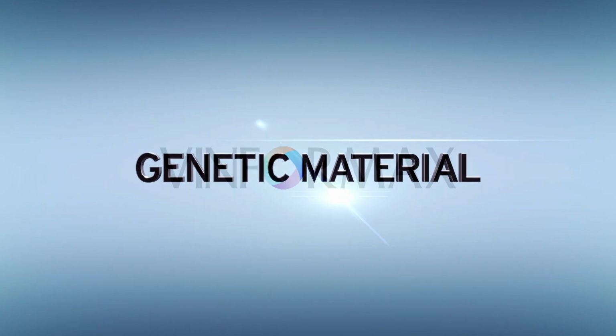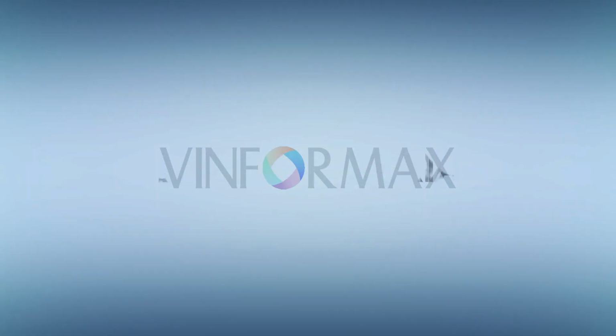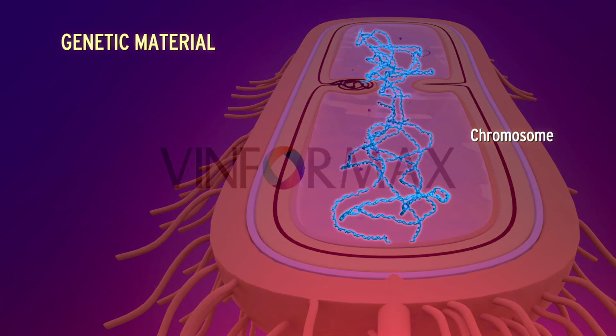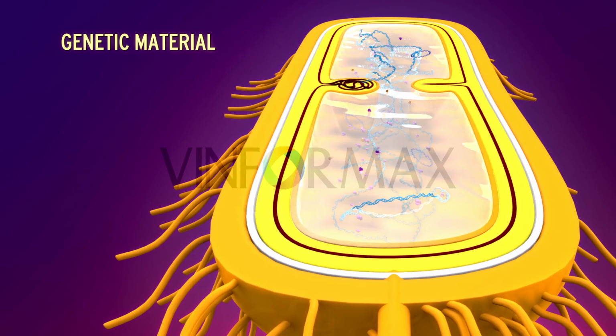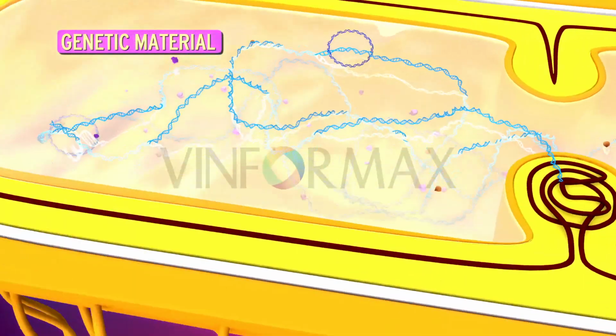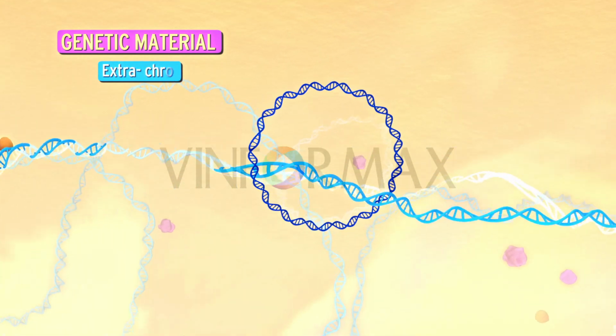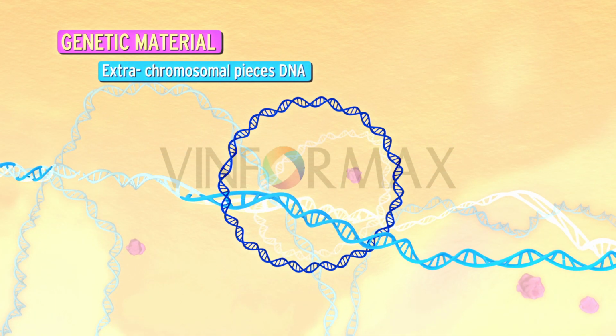Genetic material. The chromosome in bacteria is typically a single, closed circle of DNA that is concentrated in a nucleoid region. It is not membrane-bound as in eukaryotes. Some bacteria also possess smaller extrachromosomal pieces of DNA called plasmids.